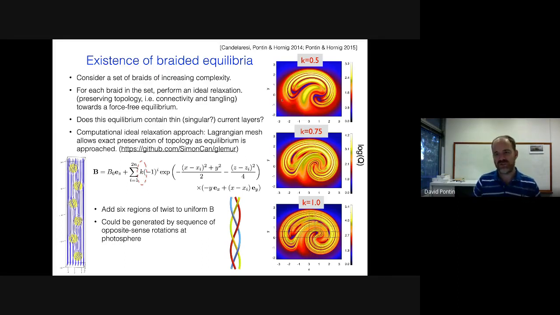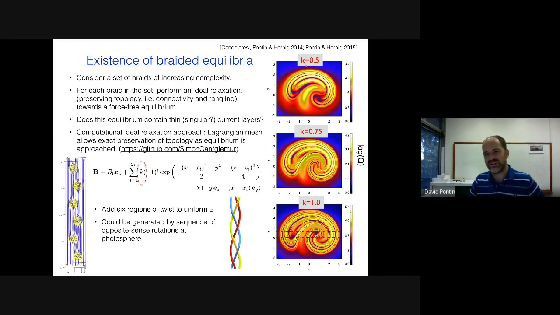And we can show that visually by looking at some property of the field line mapping, for example, on a cross-section, that's what's shown on the right-hand side here. What we're actually plotting here, which would be familiar to at least a number of solar physicists, is the squashing factor, which is just one way to visualize the field line mapping.